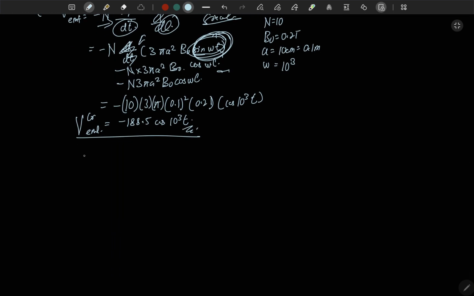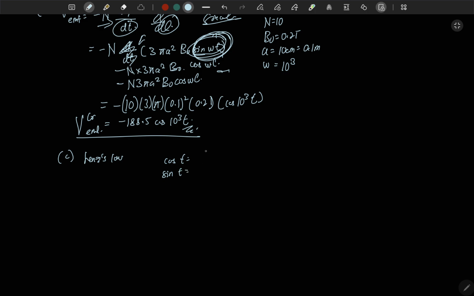Now see here carefully. What did Lenz law say? Lenz law said change in direction. Cos 10 power of 3t, or we'll just take cos t. Now imagine cos t. If we differentiate or integrate, it will become sin t. So the changes are sin to cos, cos to sin.